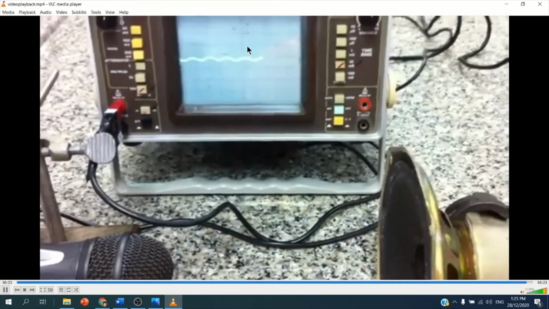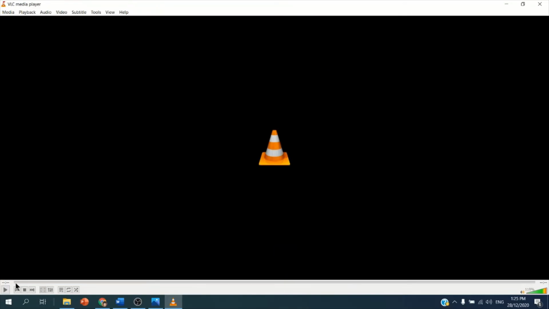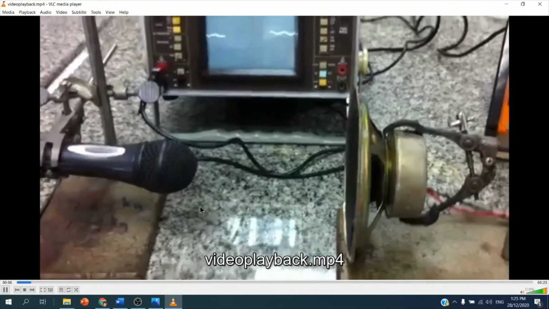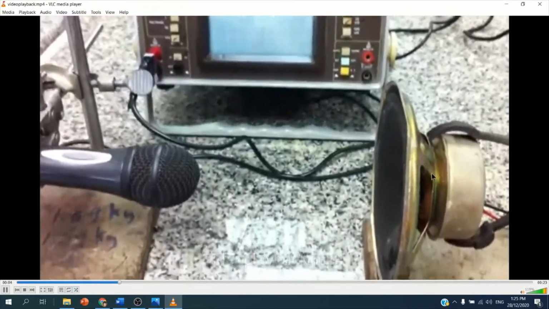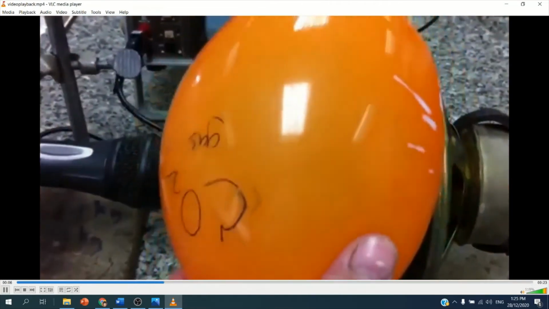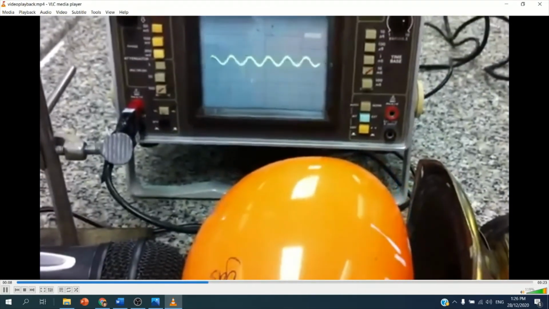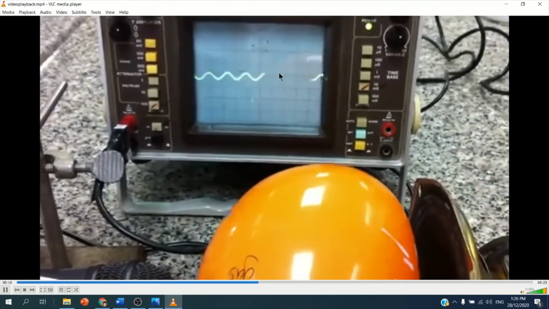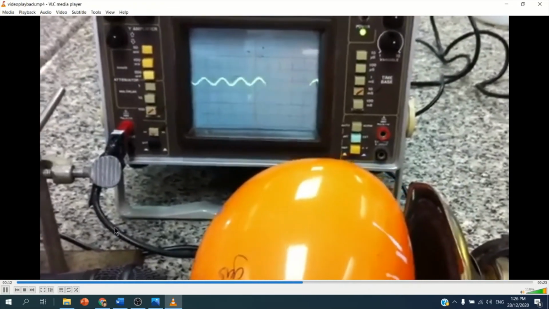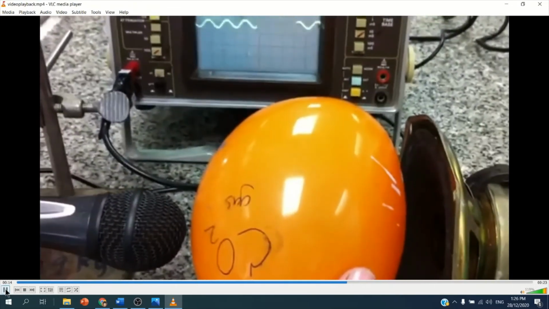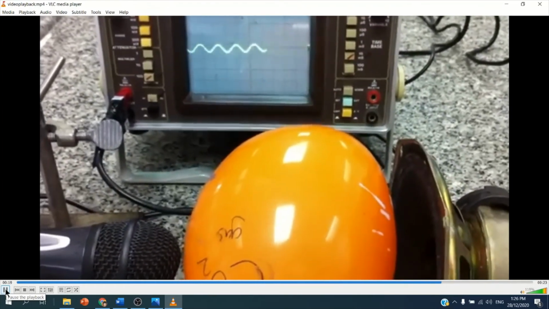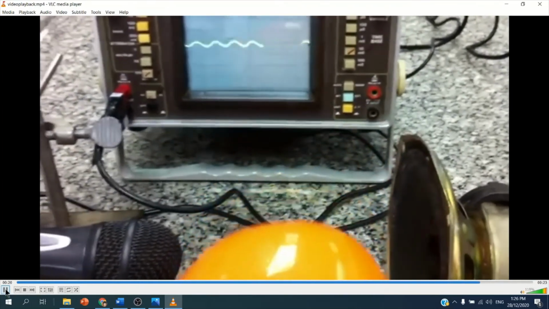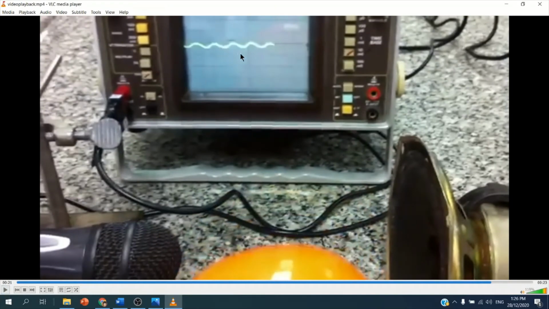Okay, once the balloon is taken away, the amplitude decreases.